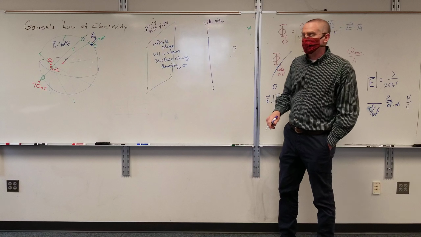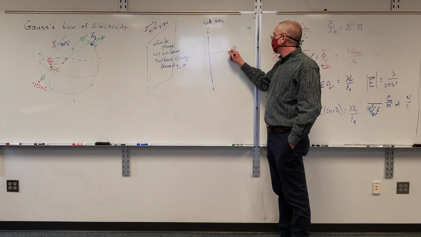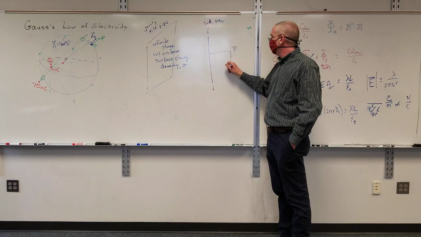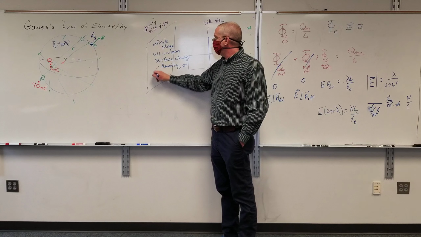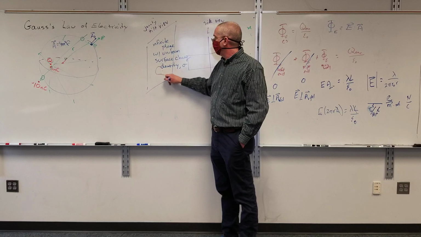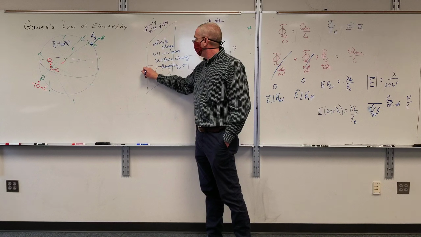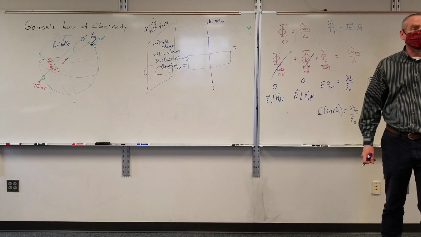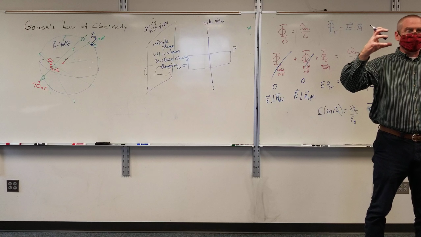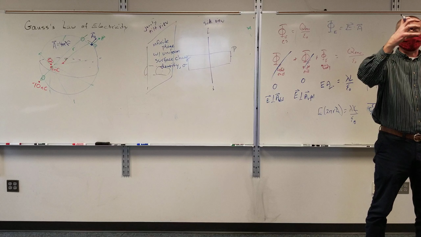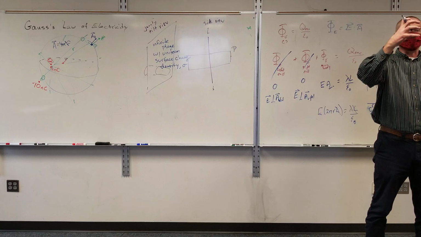I'm going to create my Gaussian surface so that it extends to here and back on the other side. From a side view, it's a cylinder. I've got two cans here and a piece of paper trapped between them. So this is round on this end, it's round on that end.